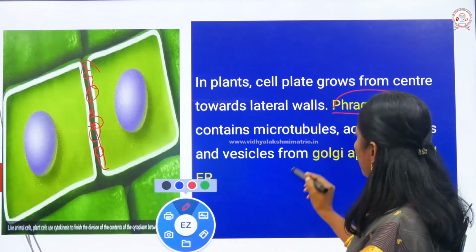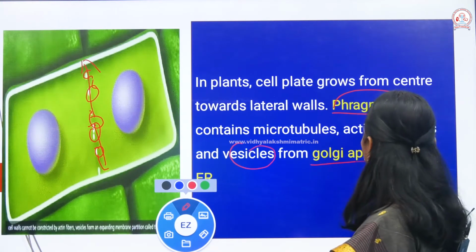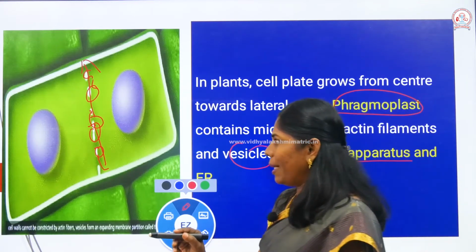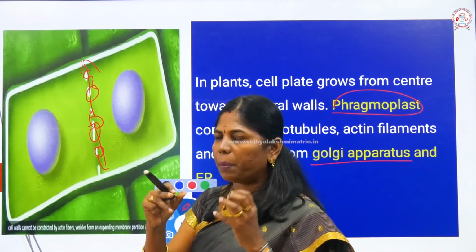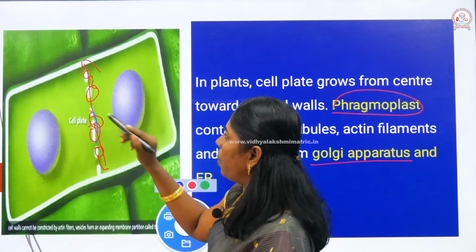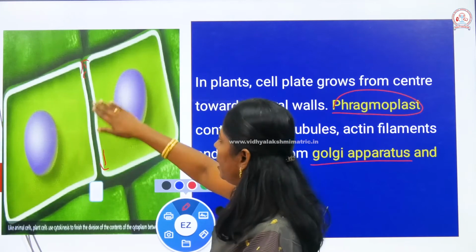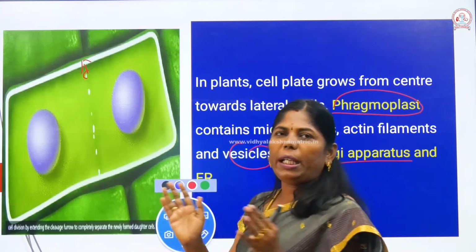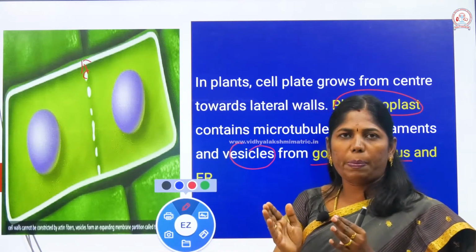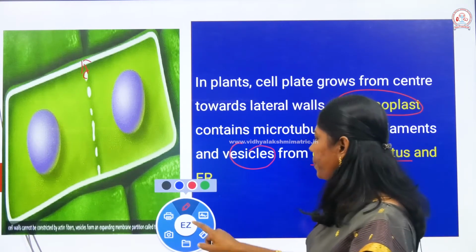The phragmoplast is vesicles from the Golgi apparatus and endoplasmic reticulum. It's like small bricks, like half bricks. Finally they have to divide, and they will divide from each other. Both divide. During this period the middle lamella is formed.